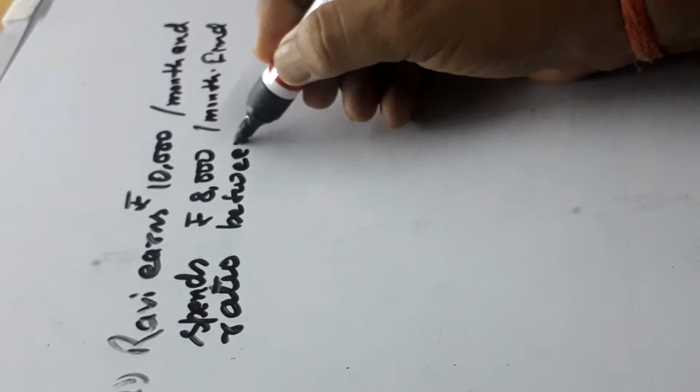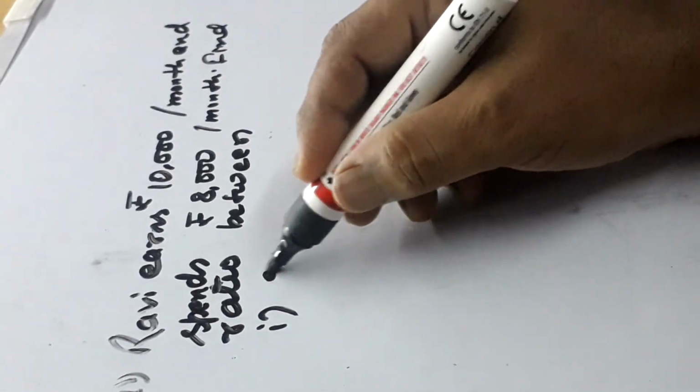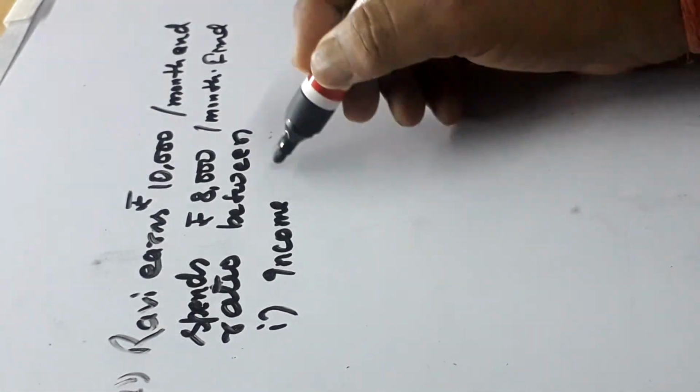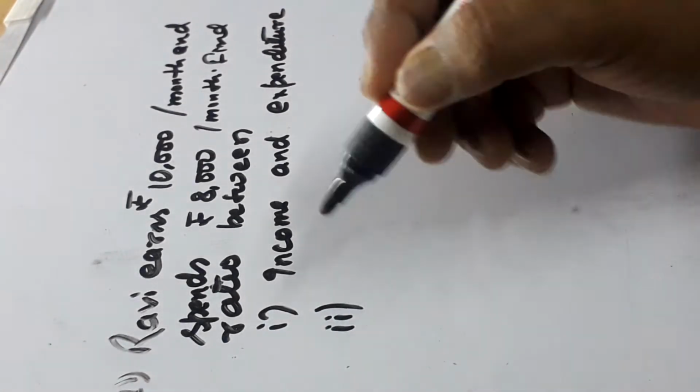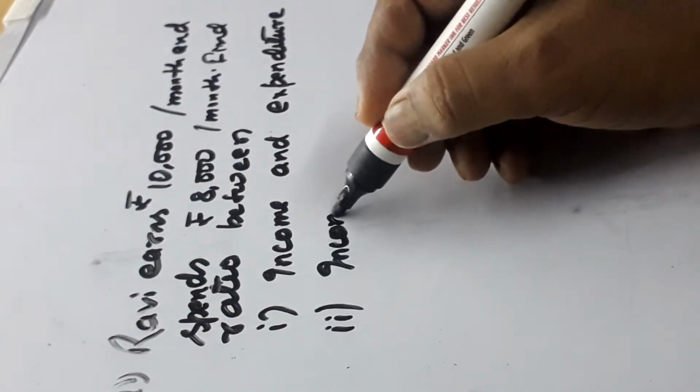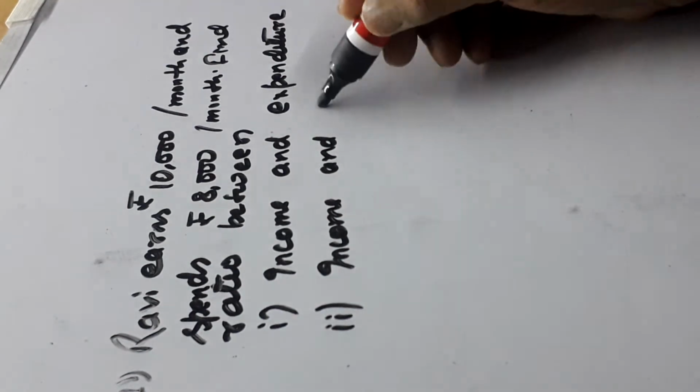Now we have to find the ratio between, first, income and expenditure, second, the ratio between income and saving.